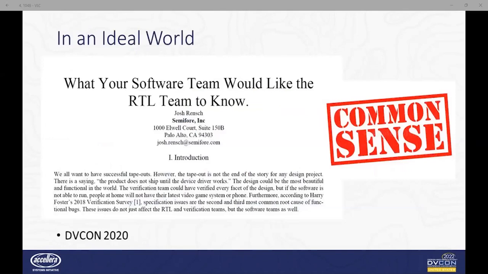In an ideal world, when the hardware designers and the software developers follow the best practice religiously, we will see a lot fewer bugs. I highly recommend this paper from DVCon 2020: What your software team would like the RTL team to know. Most of the bugs we come across every day in emulation can be easily avoided.